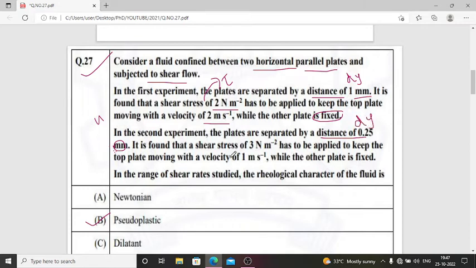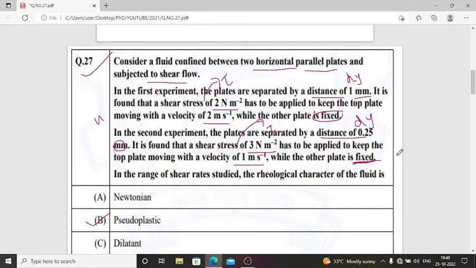It is found that a shear stress of 3 Newton per meter square, shear stress denoted as tau, tau is equal to 3 Newton per meter square, has to be applied to keep the top plate moving with a velocity of 1 meter per second. In this experiment, the top plate moves with velocity 1 meter per second, while the other plate is fixed. So the other plate is a stationary plate.